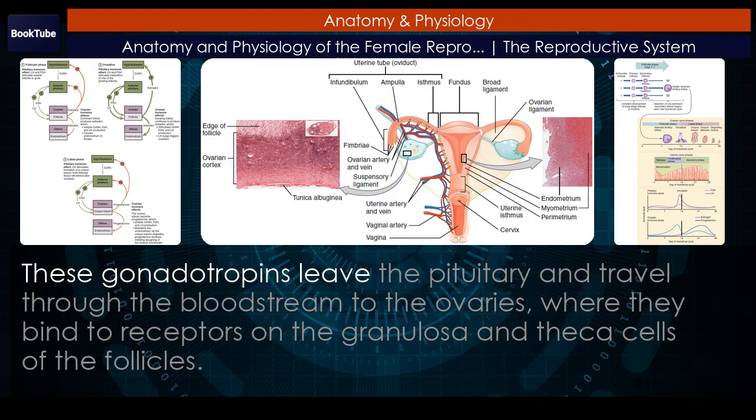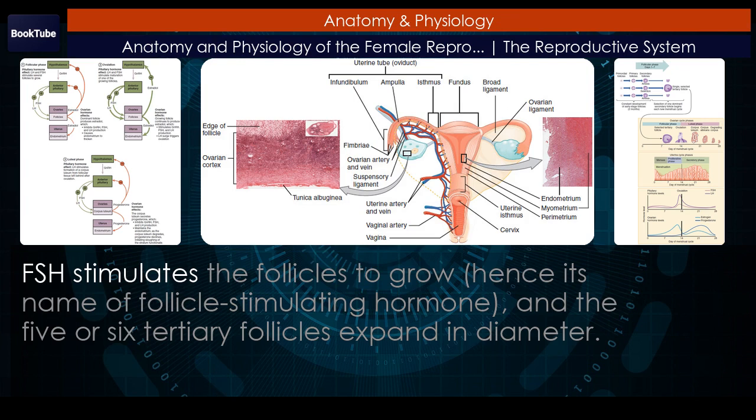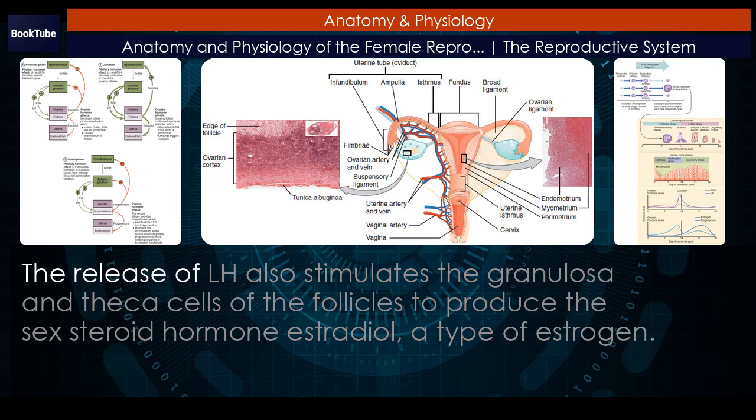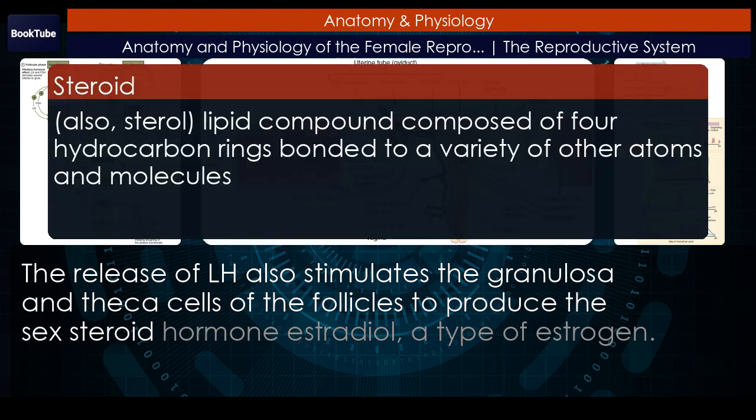These gonadotropins leave the pituitary and travel through the bloodstream to the ovaries, where they bind to receptors on the granulosa and theca cells of the follicles. FSH stimulates the follicles to grow, hence its name of follicle-stimulating hormone, and the 5 or 6 tertiary follicles expand in diameter. The release of LH also stimulates the granulosa and theca cells of the follicles to produce the sex steroid hormone estradiol, a type of estrogen.